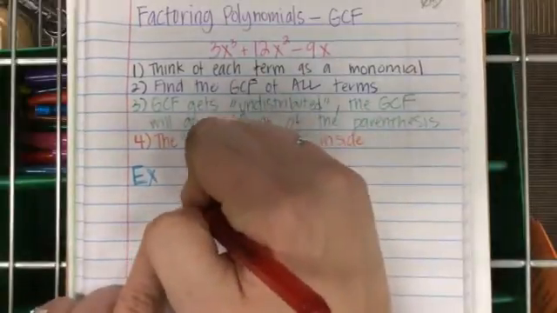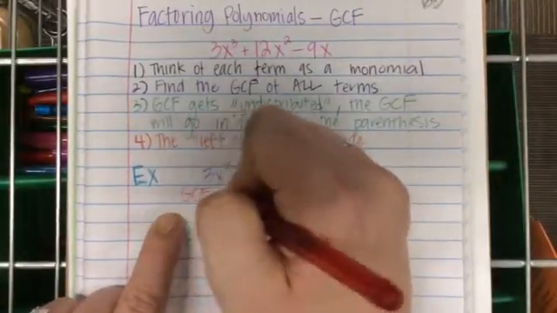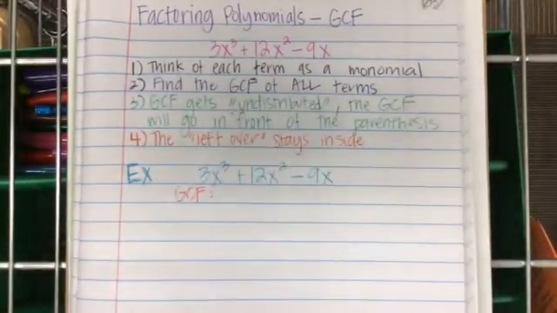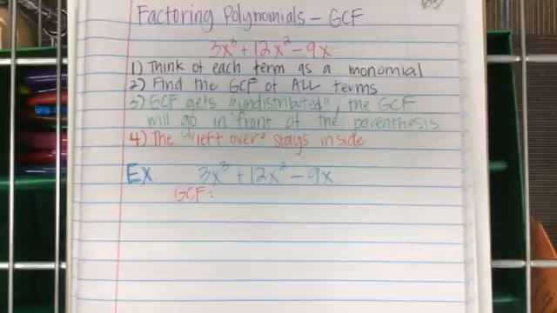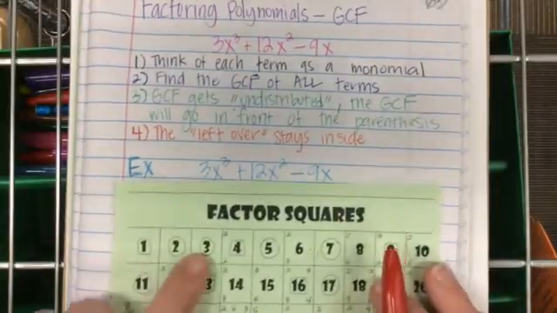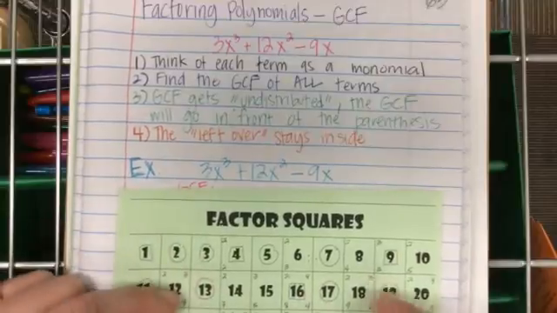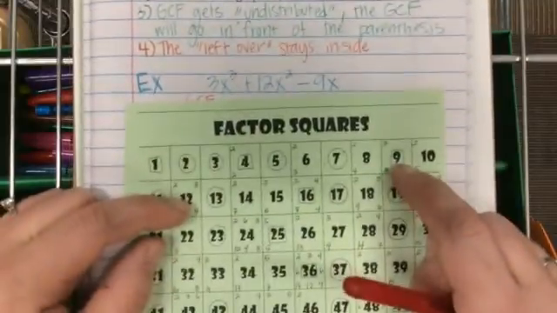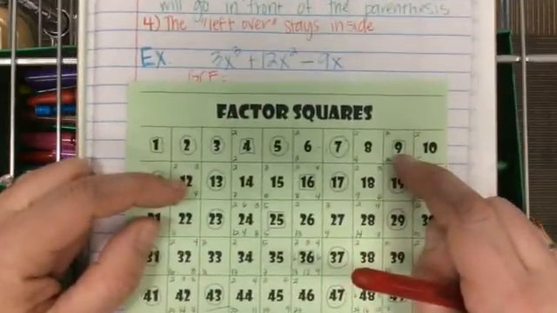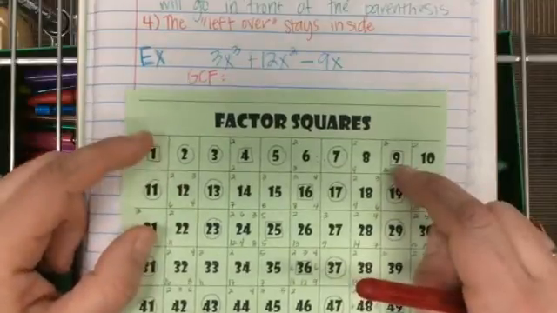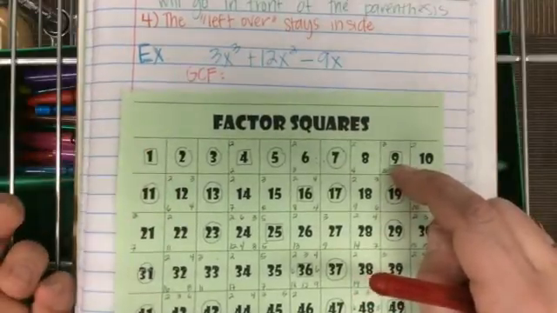The GCF of 3x to the third, 12x squared, and negative 9x. 3, 12, and 9. What's their greatest common factor? 3. Right?